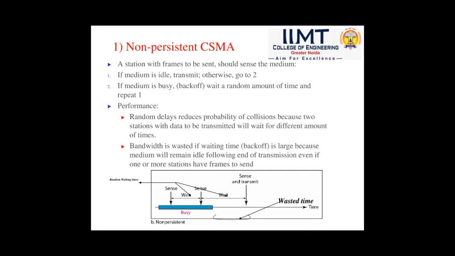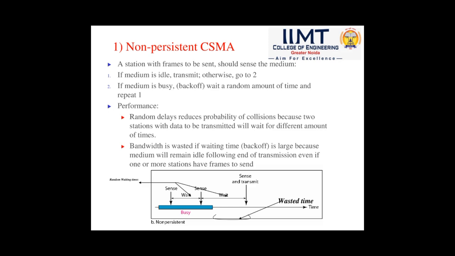Here the station that wants to send data first senses the channel and checks whether the channel is idle or busy. If the channel is busy, it waits for some amount of time. Again it senses the channel, again it is busy, then it waits a random amount of time, and then it detects again. If the channel is free, it sends its data.